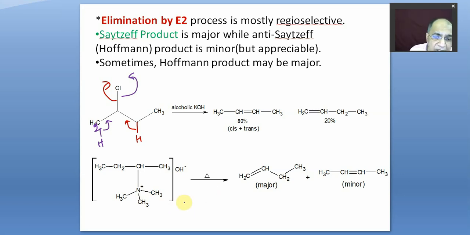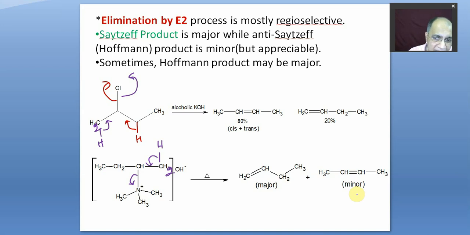In some other cases, for example, here this is a quaternary ammonium salt hydroxide. When heated, you get the less substituted alkene, the anti-Saytzeff product, being the major one. Here but-2-ene was major, here but-1-ene is major, and but-2-ene is the minor product. So whatever may be the case, the mechanism is E2 and it is a regioselective reaction.